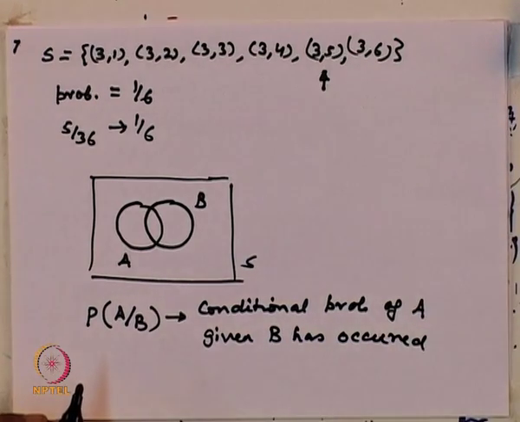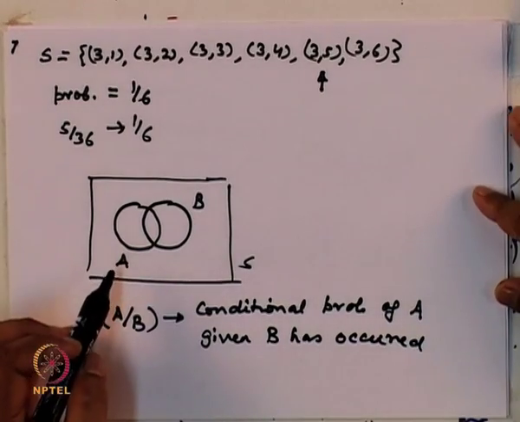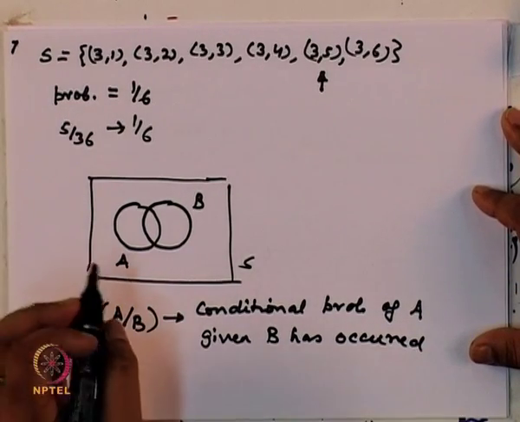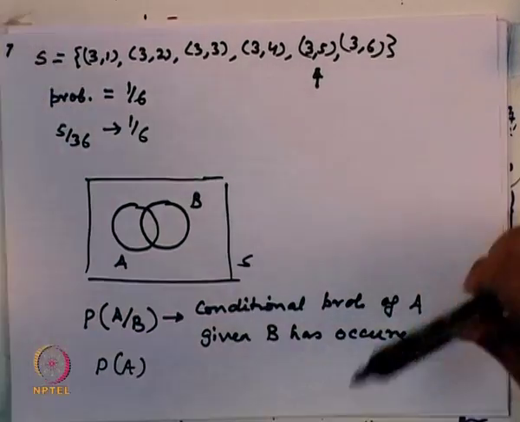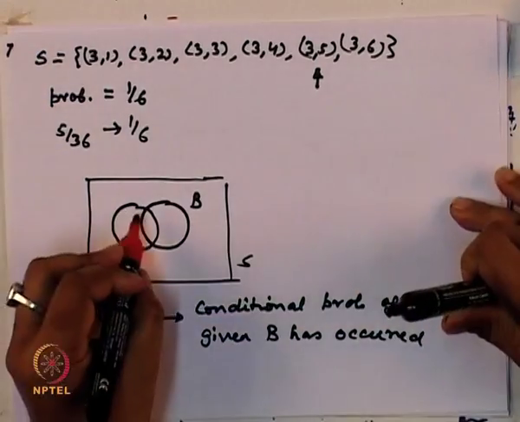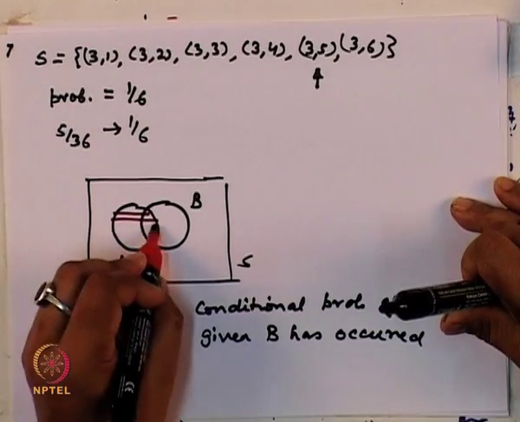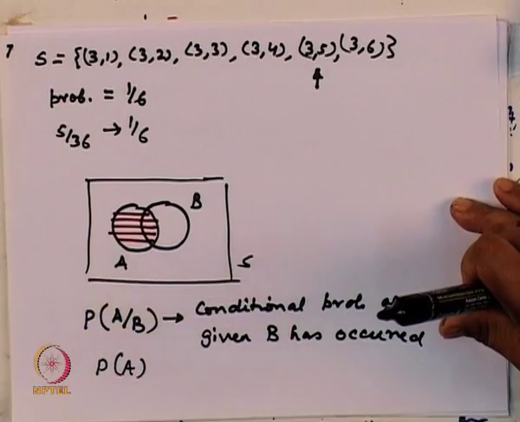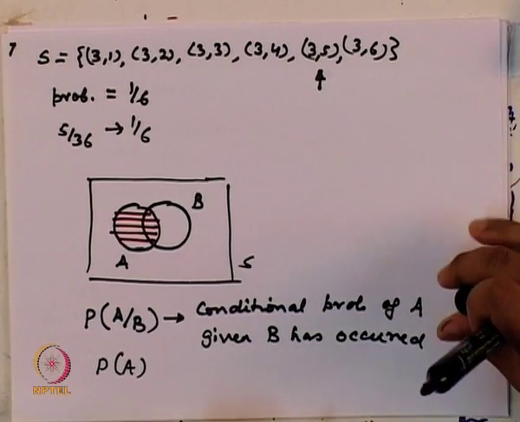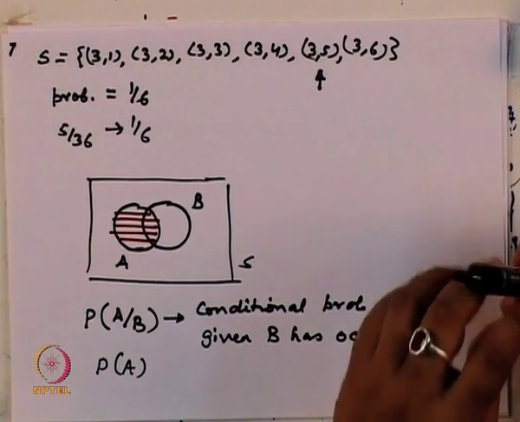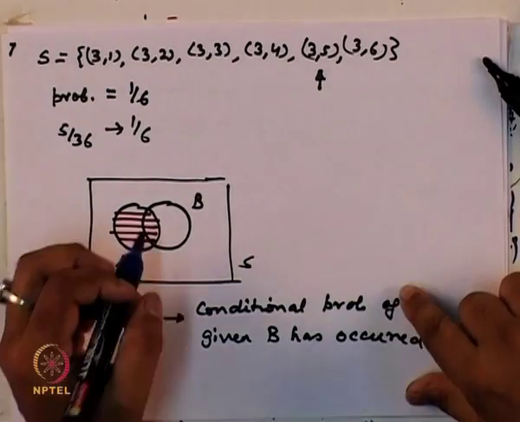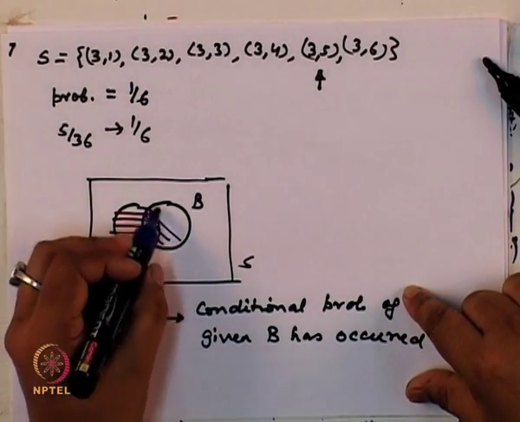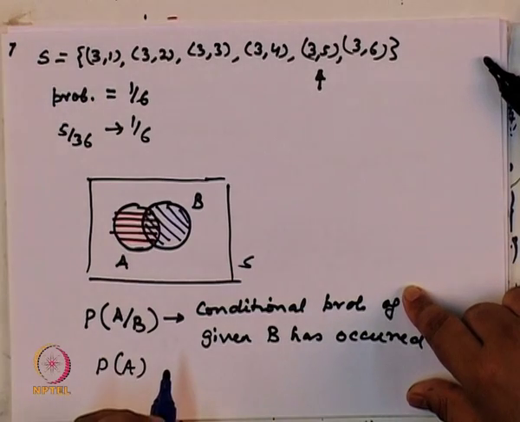Okay. So, if I see here, my probability of A is going to be given by this entire sample space. Okay. But now that I know that B has occurred, B has occurred means this is what is my sample space.